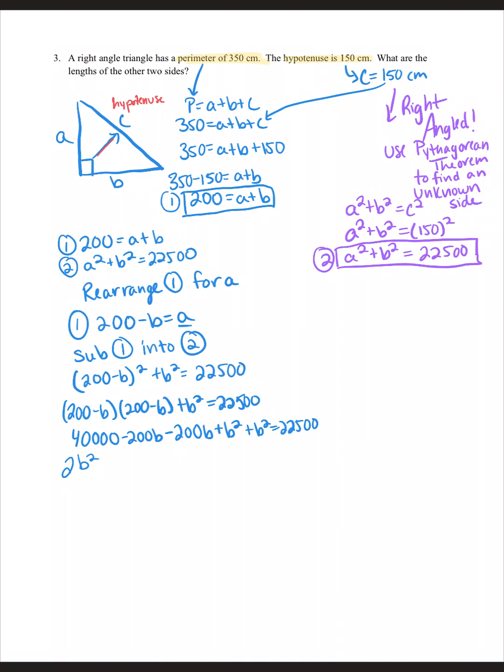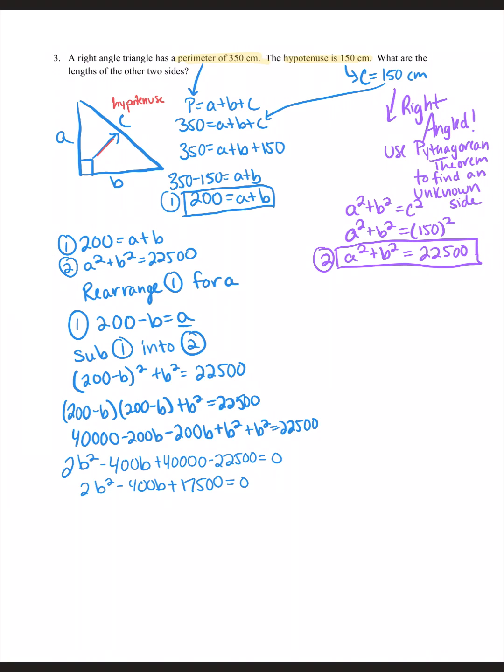Negative 200 minus 200 is a minus 400B. And then we have plus 40,000. And I'll subtract that 22,500 from the other side as well. And then I'll just combine those constants at the end. So we'll have 2B squared minus 400B plus 17,500.